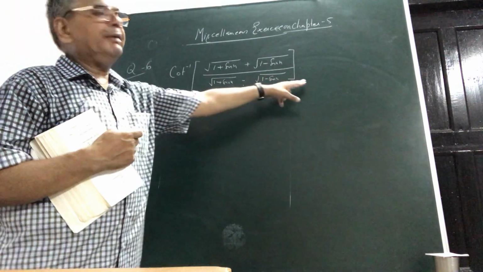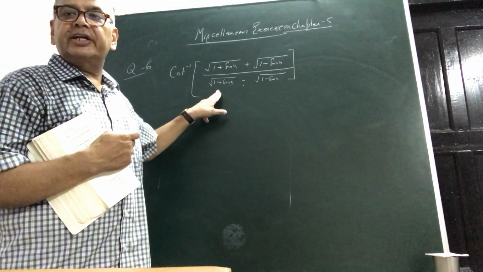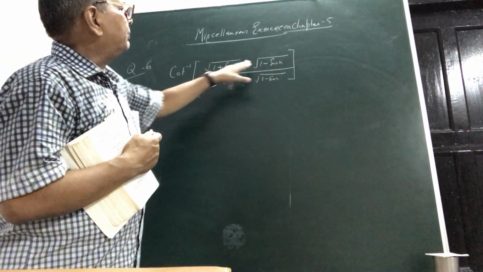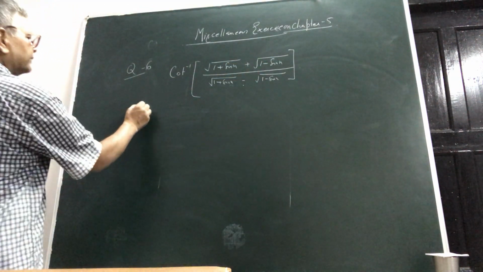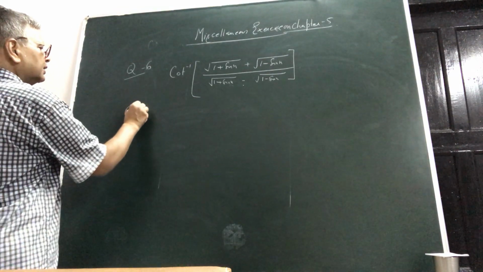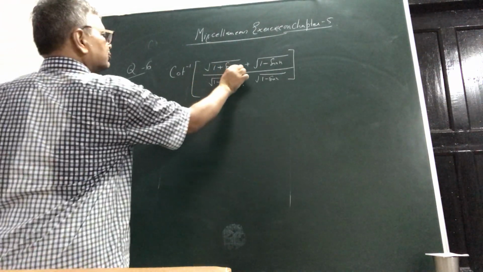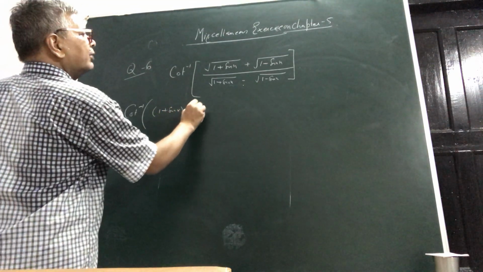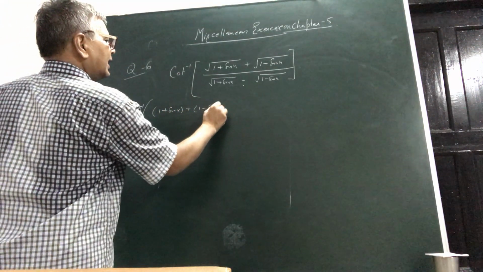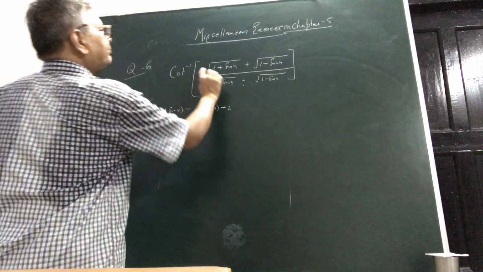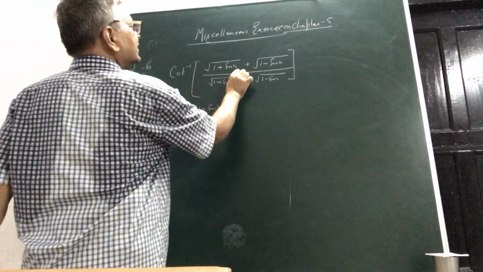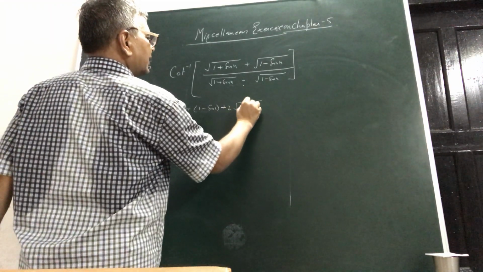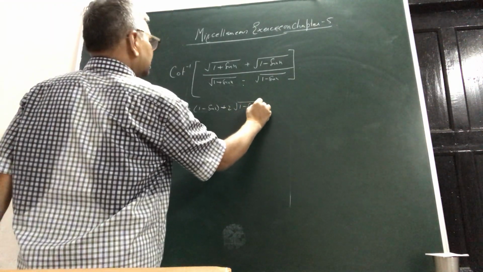So here it is a minus b, a plus b. So in the denominator it will be a square minus b square, and in the numerator it will be what? A plus b whole square. So it is cot inverse, a square will give you 1 plus sin x, plus b square 1 minus sin x, and plus 2ab, under root this thing into under root this thing, that is giving me under root 1 minus sin square x.